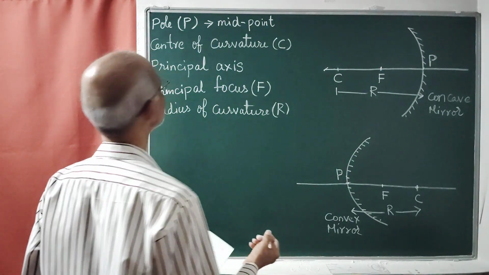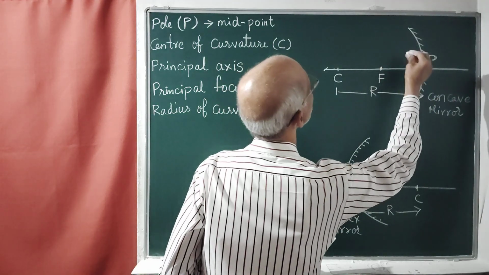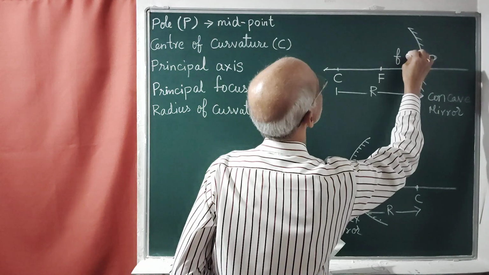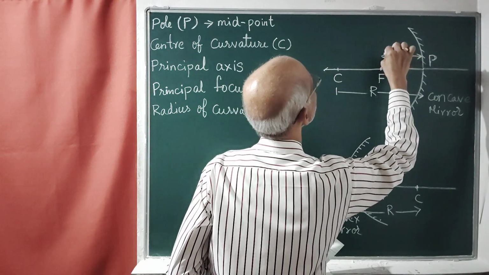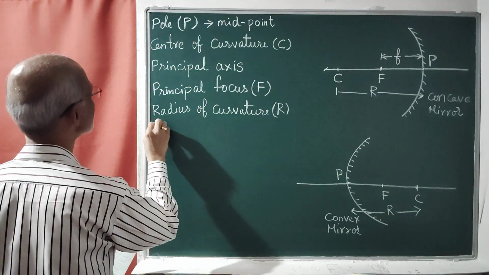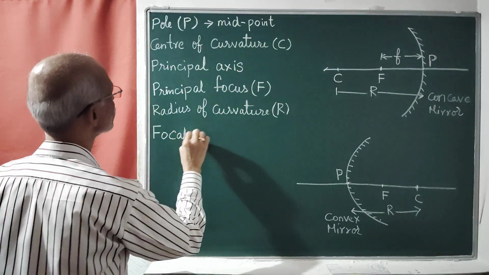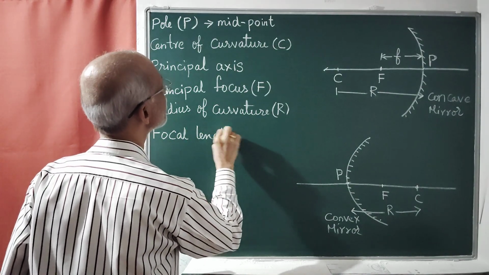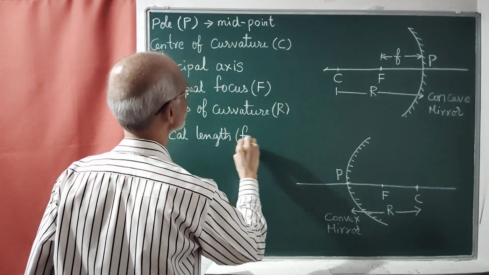Next, the distance from P to F is called the focal length. That is shown by small f. It is represented by small f.